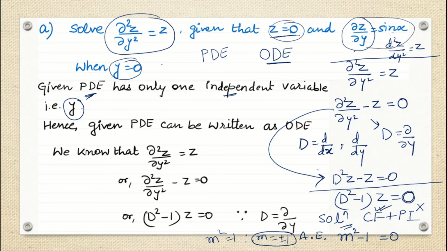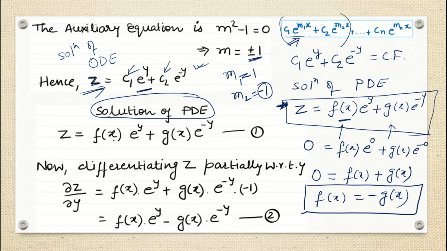Sometimes we get confused about why we have to find the partial derivative here, but they have given us the value of del by del y of z, so to utilize that we write down del by del y of z.